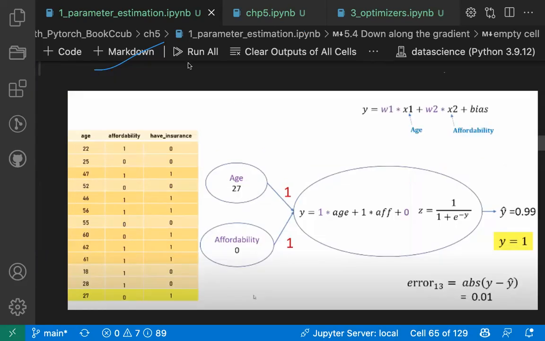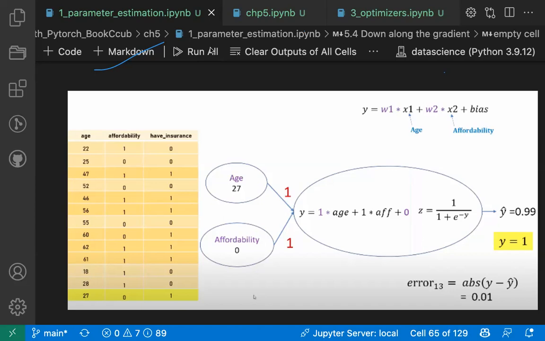I think the function is designed in such a way that the output will not be more than 1. The output is always between 0 and 1. This is a classification, like you started, it's logistic regression, so the output is either 1 or 0.